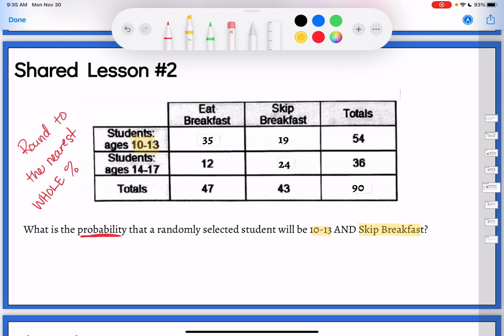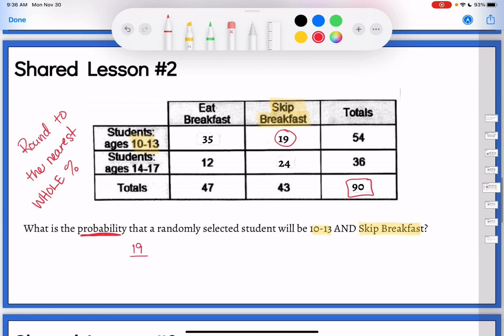They have to be 10 to 13 and they have to skip breakfast. So I am going to be using this number right here. There are 19 students who are aged 10 to 13 and skip breakfast. If I pick any one of these 90 students, what is the probability that they will be 10 to 13 and skip breakfast? So my fraction for my probability would be 19 out of 90.